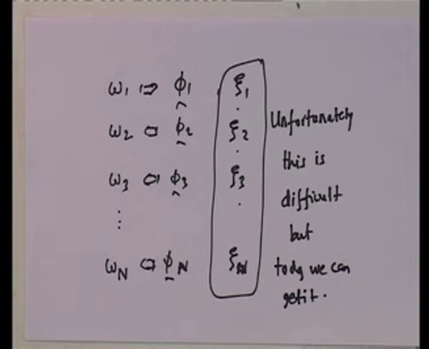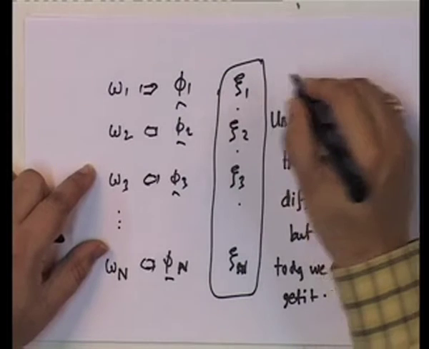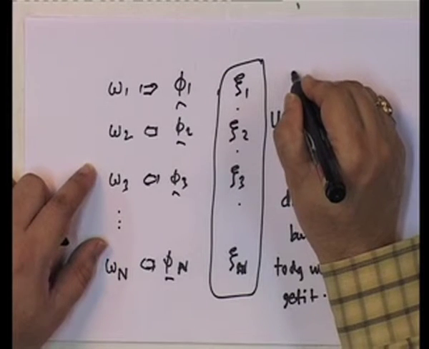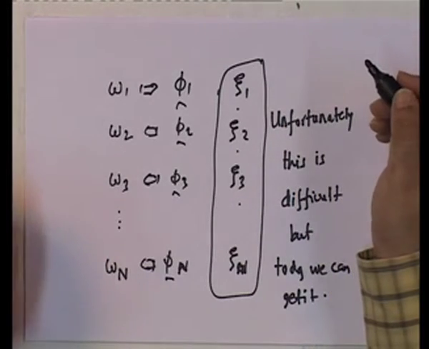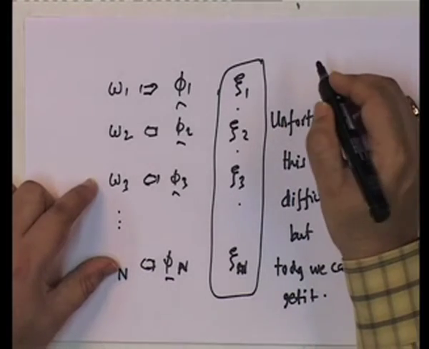Of course, if we say that the frame was made from one material, then for the material, xi was a function of the material.